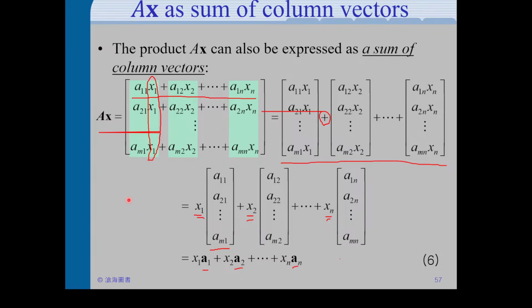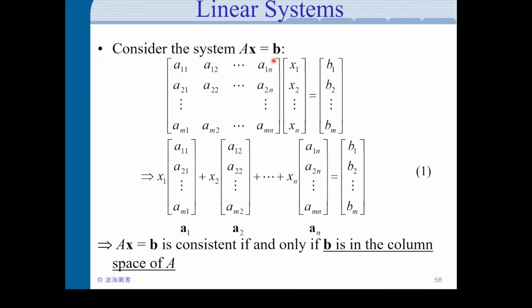And so we have Ax, and we always like to write this equation as Ax equal to b. Now we can think about Ax equal to b as the equation that says we have a linear combination of the columns of A equal to this b vector. From this interpretation, we immediately see that Ax equal to b is consistent if and only if b is inside the column space.